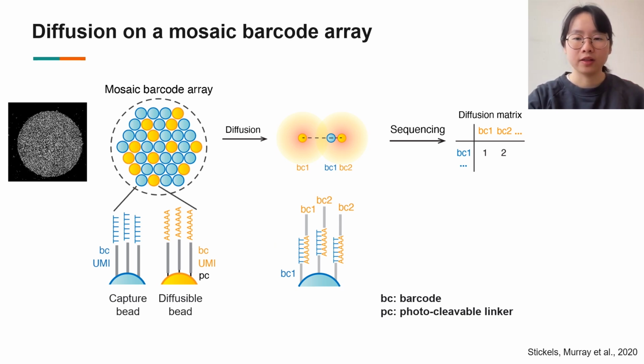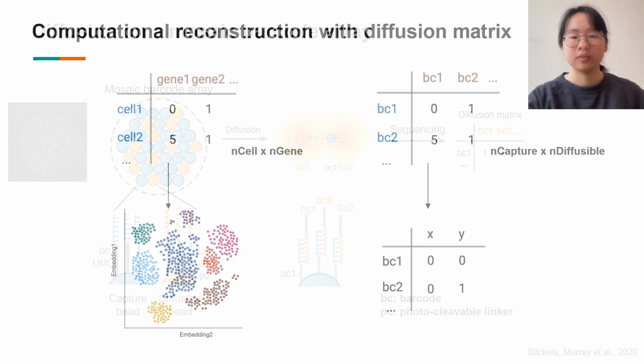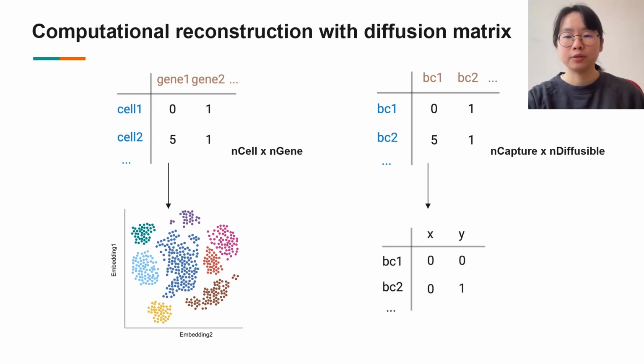Also, they have a reverse complementary poly-A tail that allows them to bind to the capture beads. By sequencing the conjugated library, we can get a diffusion matrix which tells us the frequency of interaction between two different barcodes. With the diffusion matrix, how to reconstruct the 2D physical location is actually a math problem.